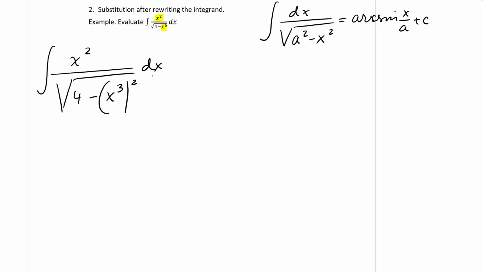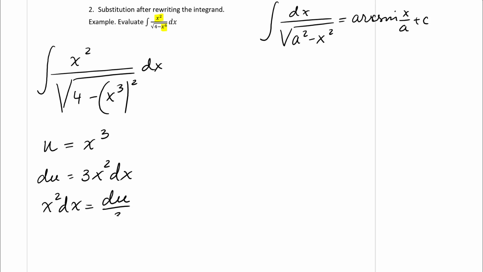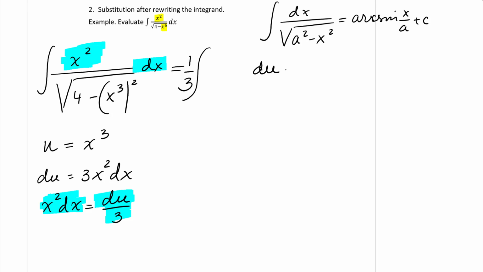But I can see that if I set u equals x to the 3rd, du is 3x to the 2nd dx, which means x to the 2nd dx is actually du over 3. So going back to our problem, instead of x squared dx, we can just put directly du over 3. So it would be 1 over 3 and du at the end.